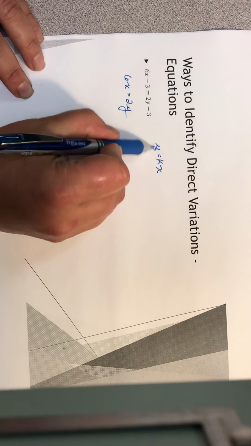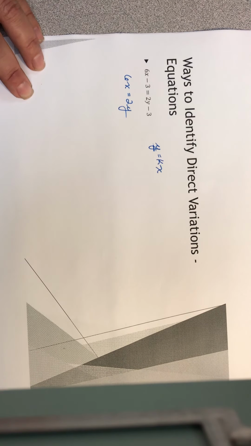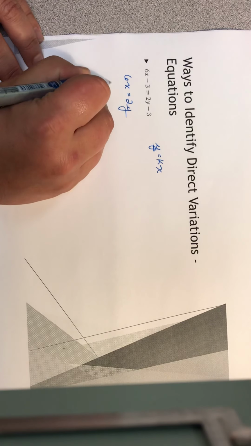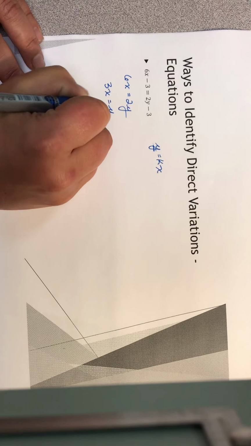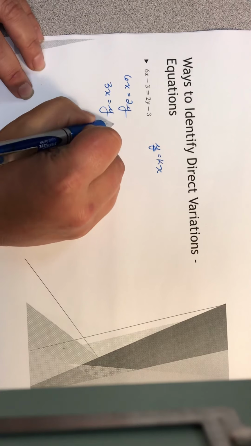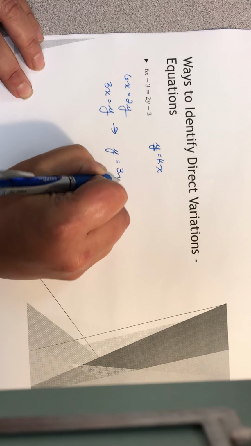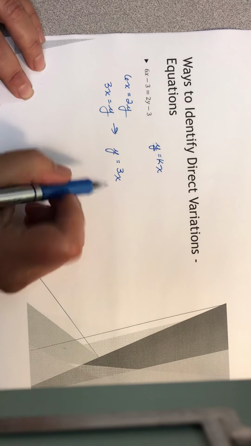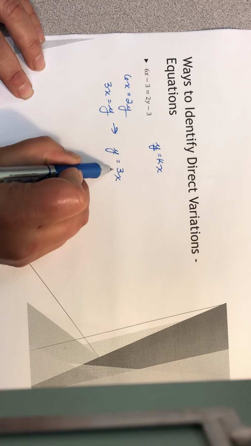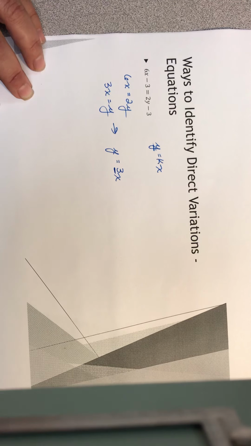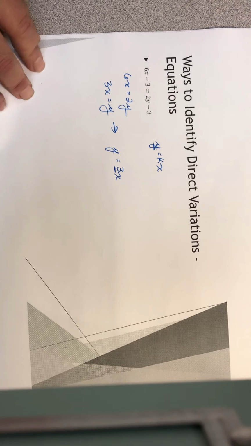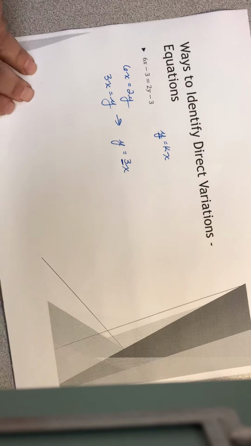We want to isolate our y. We get 3x equals y. That is a direct variation. It's backwards, but it is equivalent to y equals 3x. We don't have a y-intercept. We just have a constant of variation, and it's 3. Also the slope of the line that goes through the origin.